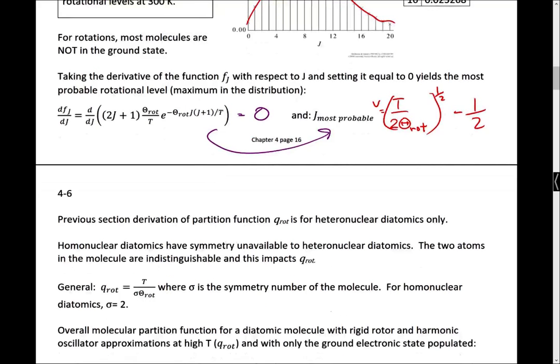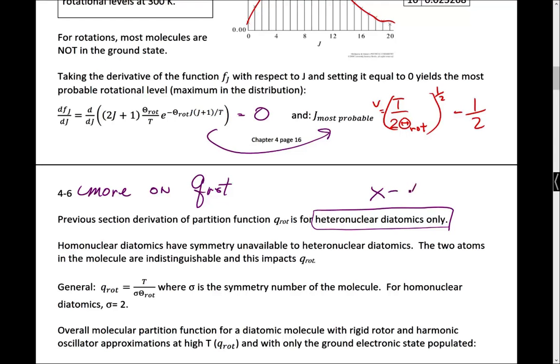All right, so moving into section 6, we need to talk a little bit more about these rotational partition functions. When we derived the expression for the rotational partition function, what we did was explicitly for heteronuclear diatomics.